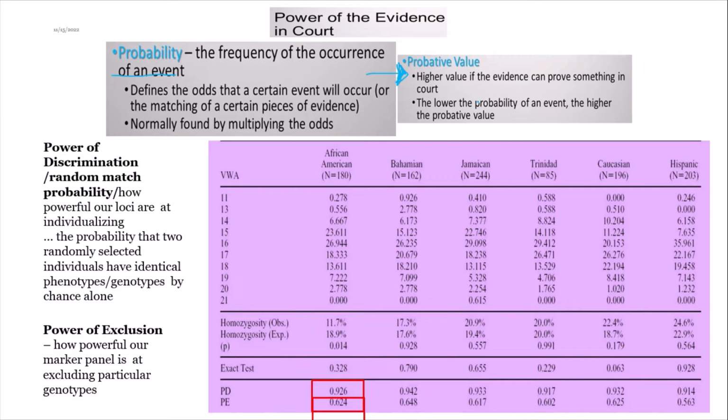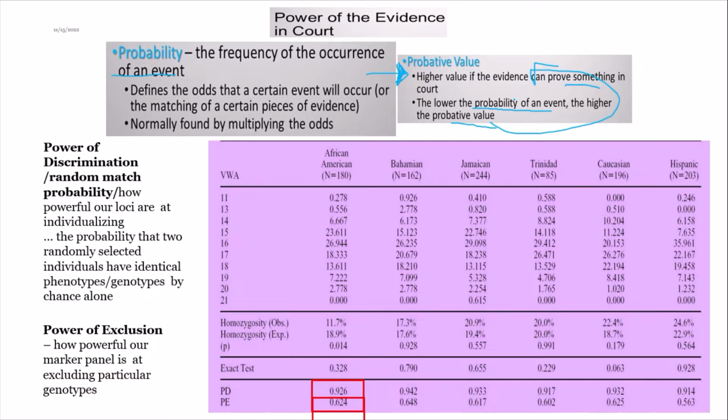The probative value should be of high value so that the evidence is able to prove something. So usually the lower the probability of an event, that is, the lower its frequency, the higher the probative value.